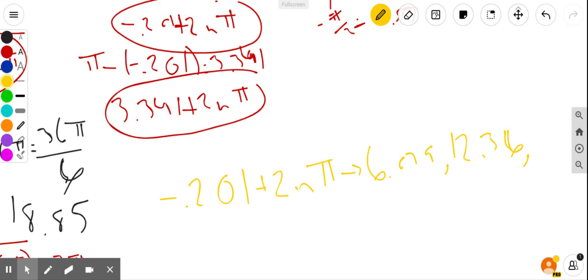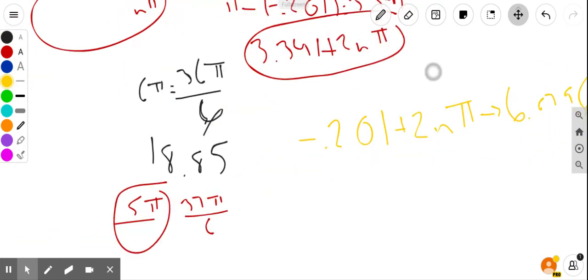Add another one, and I get 18.66. God, I hate that these sixes don't capture right. So that's a solution. That's a solution because they fall within the interval I was given.